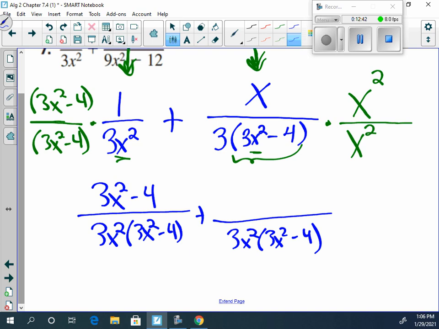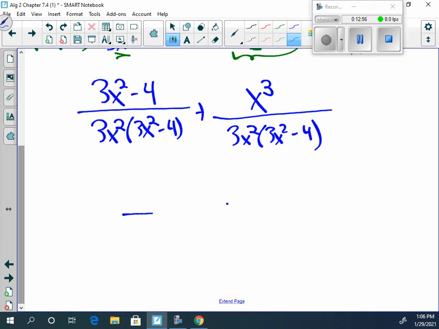Over here we have x times x squared, which is what? X cubed. Well, now we can add, yes? And we would have x cubed plus 3x squared minus 4.